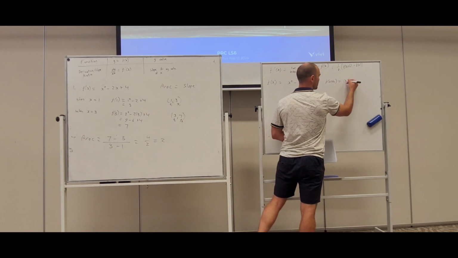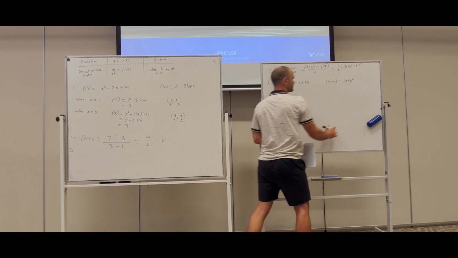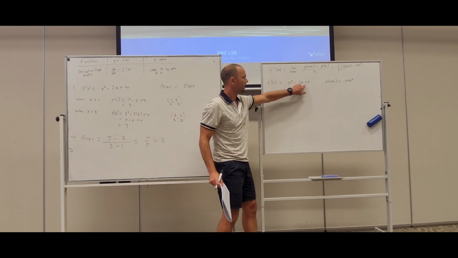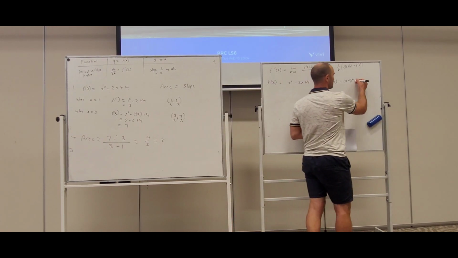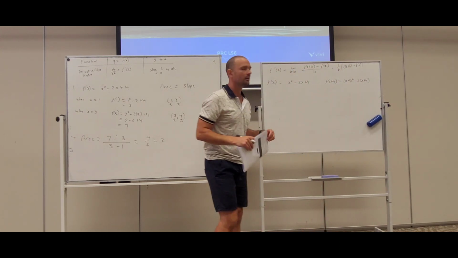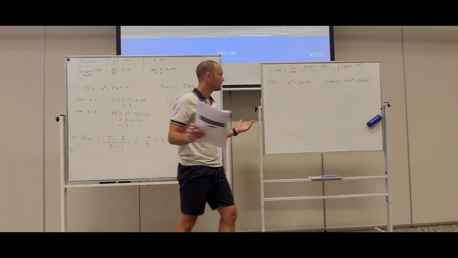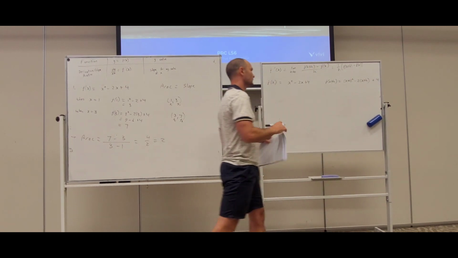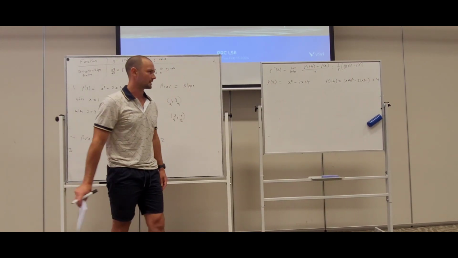That would give us x plus h squared. And I take the x plus h and I put it there, so we're going to take away 2 lots of x plus h. And there's no other x plus h's in there. We've just got the plus 4 hanging out at the end. So that's the f of x plus h.